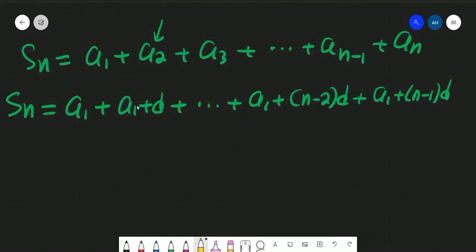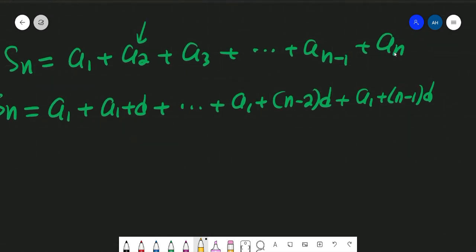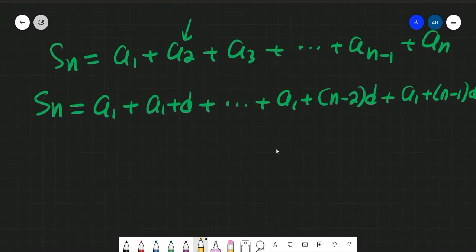We add all these terms together, but at the same time we replace a2 by a1 plus d. Then we also add an minus 1, which is equal to a1 plus n minus 2 times d. The last term, an, will be a1 plus n minus 1 multiplied by d. That's Sn.